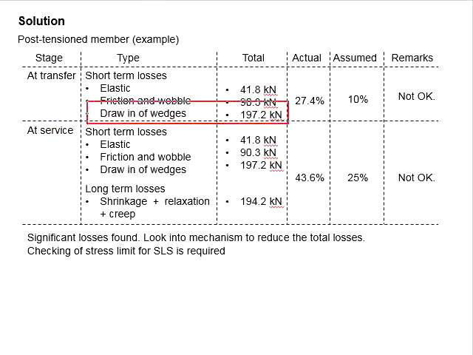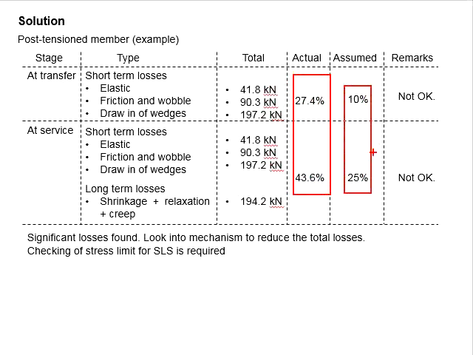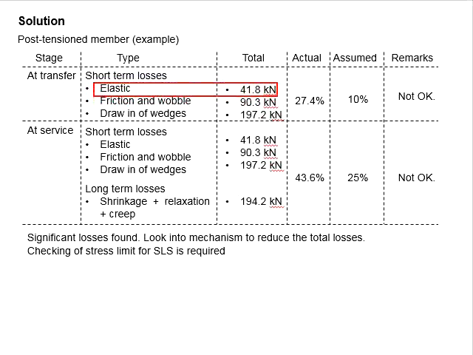Probably you would like to look into the mechanisms for the anchorage. Try to limit the degree of the draw-in, and if you still find the actual losses are still relatively high, you could consider to redesign the sections so that it is possible to have the tendons stressed simultaneously.